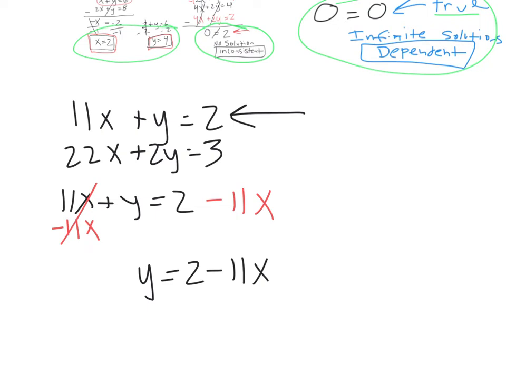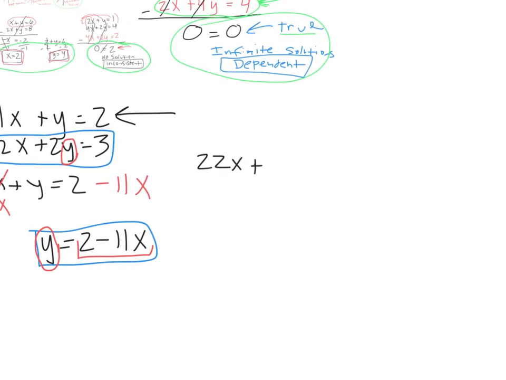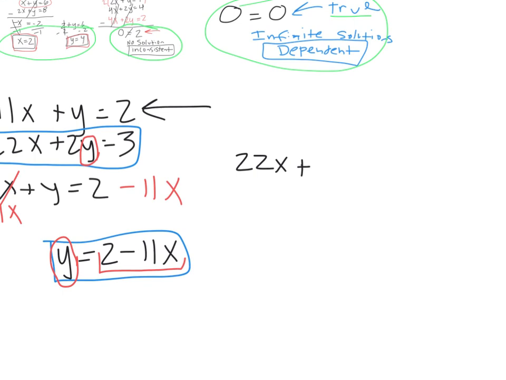Well, now I have two equations that I'm going to use. I'm going to use this equation here and this equation here, and wherever I see a y in the top equation, so right here a y, I'm going to plug in 2 minus 11x. So let's rewrite this. The top equation says 22x plus, and then I'm going to write plus 2y instead of y.